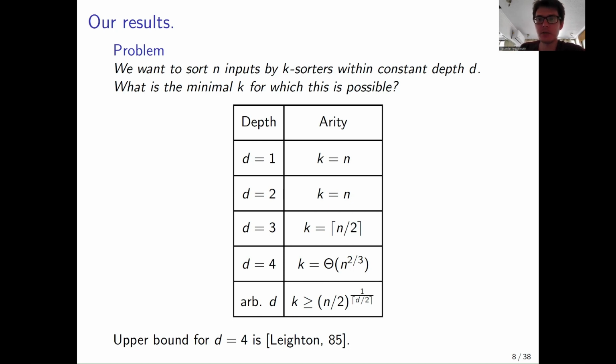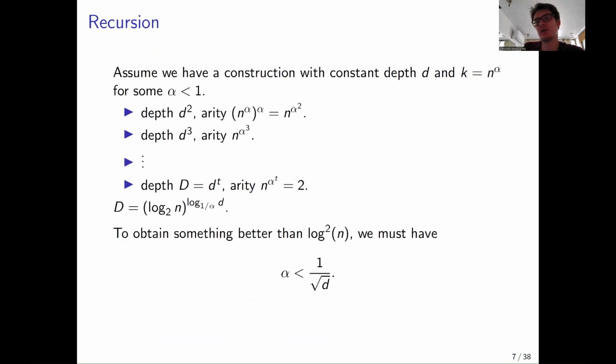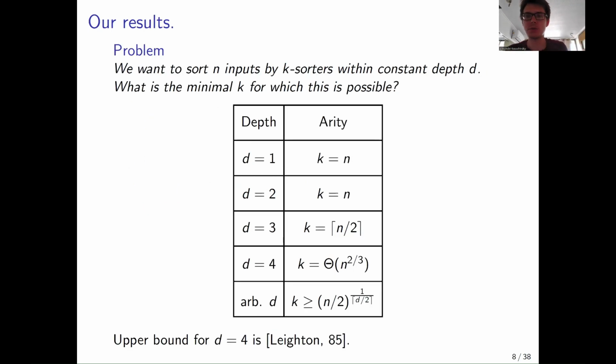Now if you take d equals 4 and do this, you will get something polylogarithmic, but it will be worse than log squared n, because to obtain log squared n, as we saw on the previous slide, we need alpha to be 1 divided by square root of d, which for d equals 4 is 1/2, and here the minimal possible alpha is 2/3. So unfortunately, we don't get anything interesting from it.